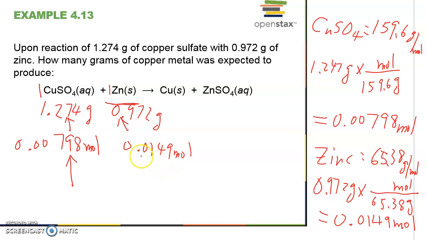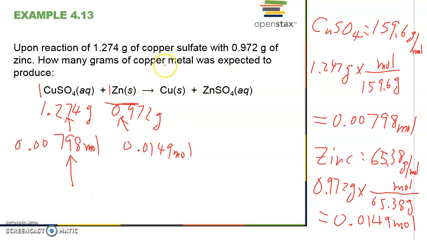Even if we put an infinite amount of zinc in, it's the same thing. Therefore, copper sulfate is the limiting reactant. Sometimes it's also called the limiting reagent.